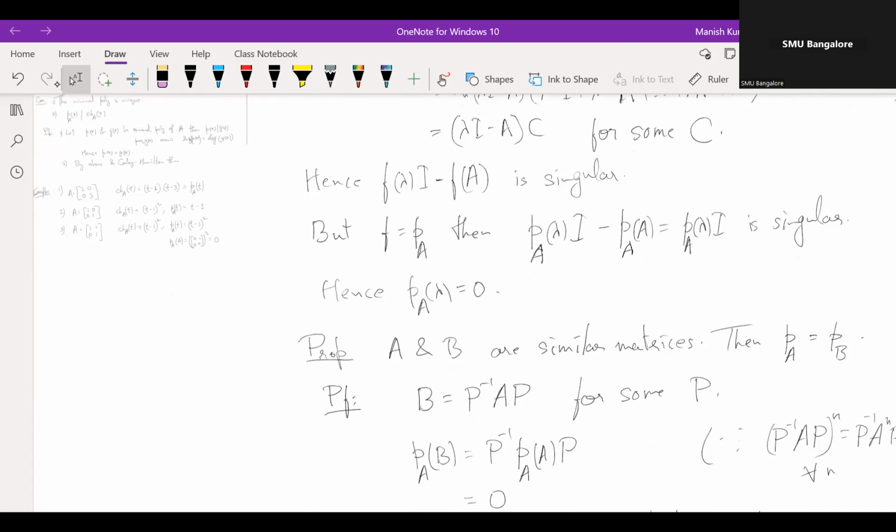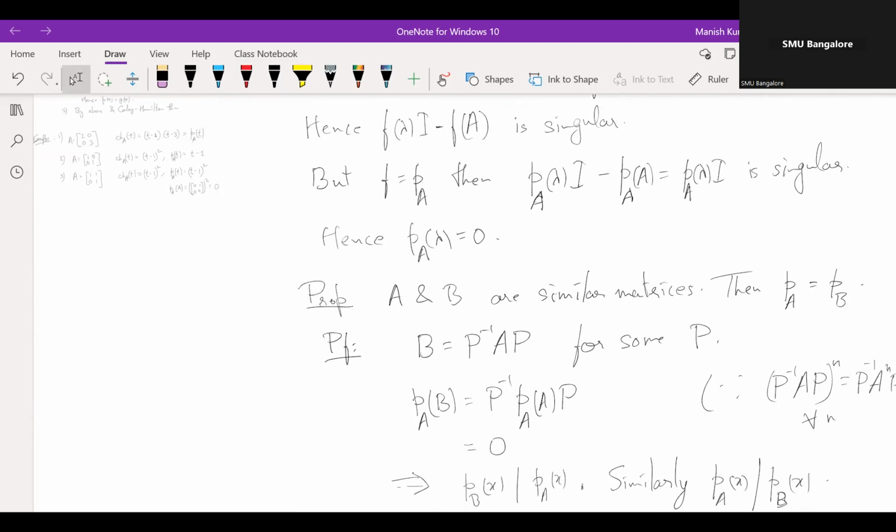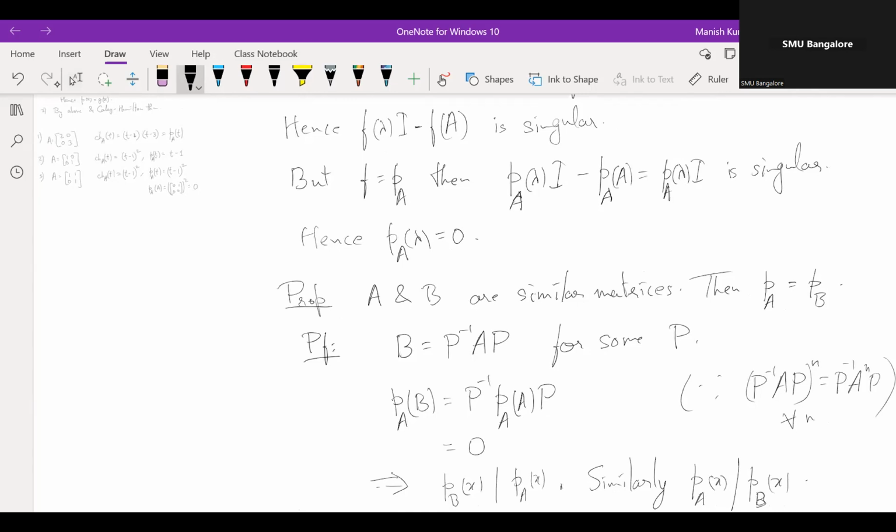And the proof is straightforward as well. Since A and B are similar matrices, you can find a P such that B is P inverse A P, and then you just compute P_A(B). So P_A(B) is just P inverse P_A(A) P. The point is, you have to plug in B. So P_A is some polynomial, B to the n plus a_{n-1} B to the n minus 1, and so on.